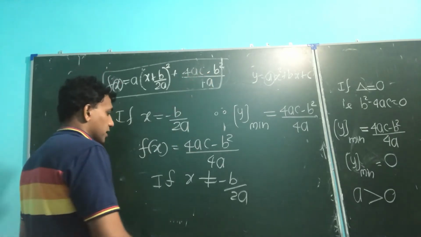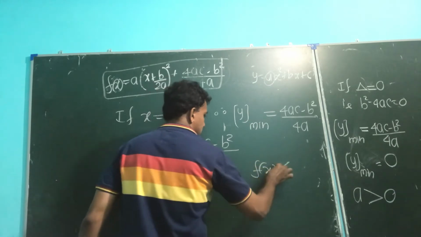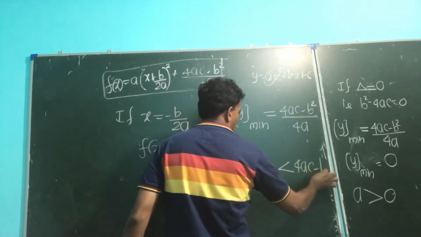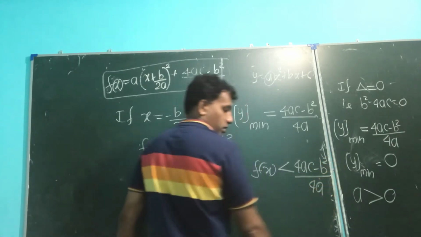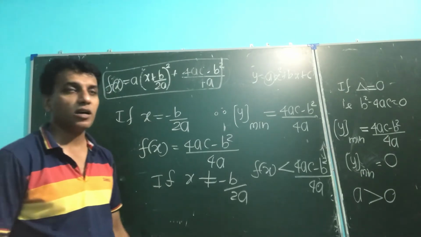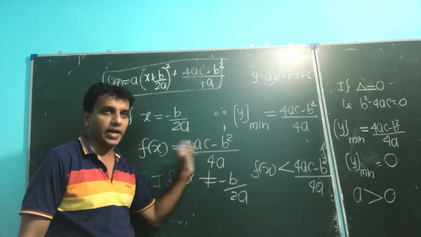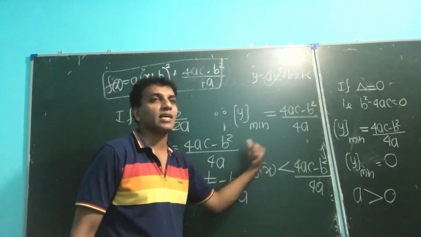So write that: f(x) less than 4ac minus b squared over 4a. Less than that. Therefore, think: at a particular x value, f(x) takes 7. For example, at other x values, it takes smaller than 7.